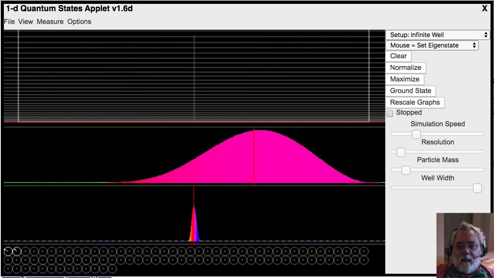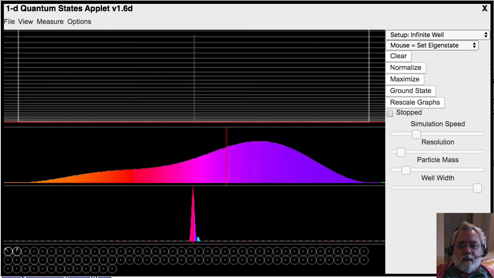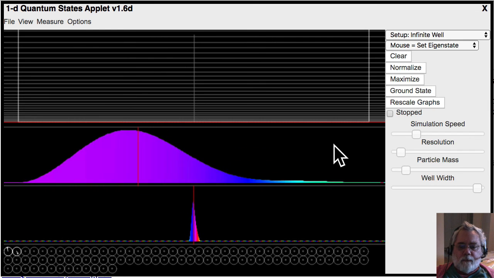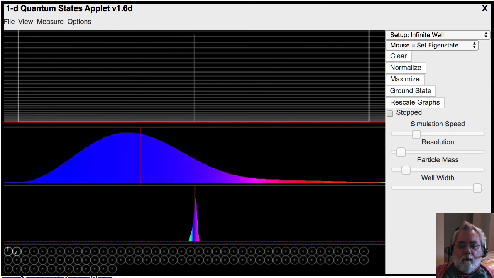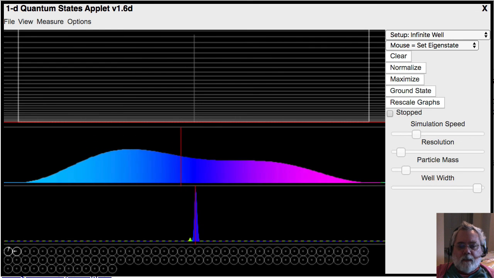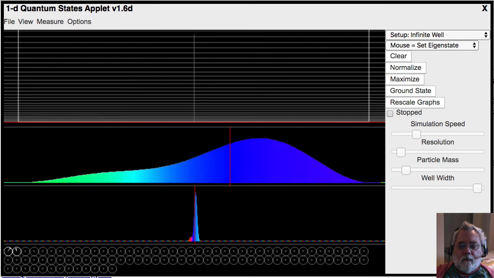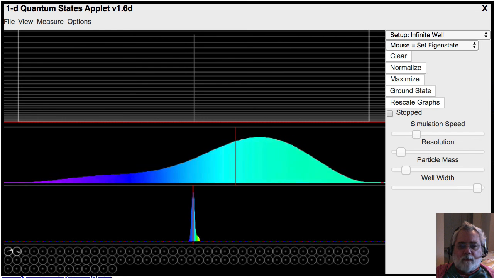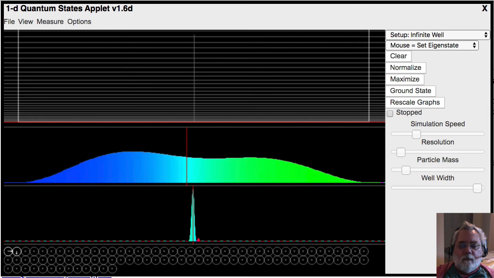And when we do that, we see that the probability density, which is this pane here, is changing in time. It's sloshing from the left side of the box to the right side of the box to the left side of the box periodically.